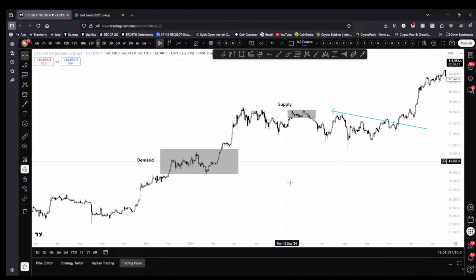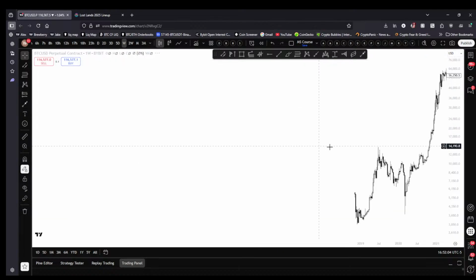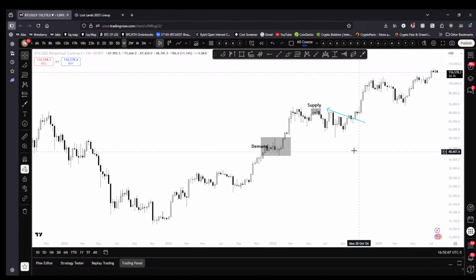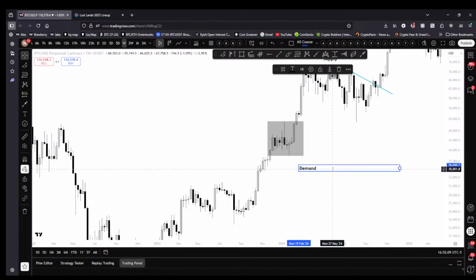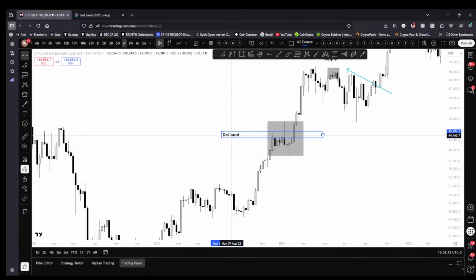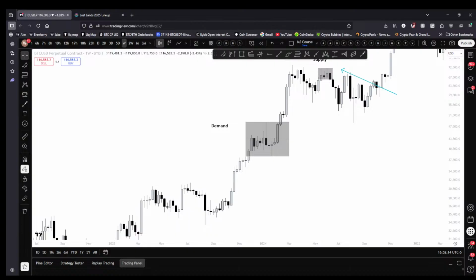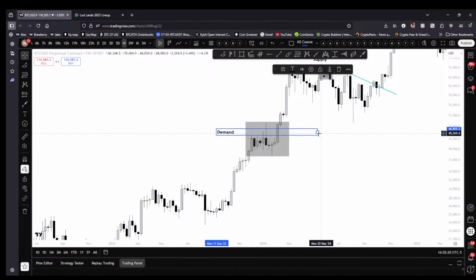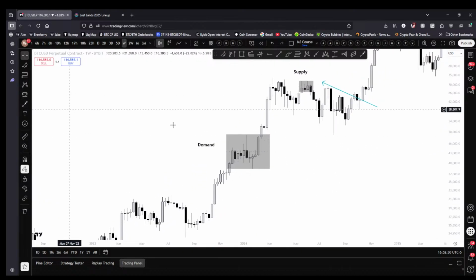Now, why do we care about that when it comes to market structure? So, if we're looking at our weekly here, if we understand that there's a lot of demand in this range, that means there's a lot of resting orders from people who didn't get filled in this range, and there's a lot of institutional interest in this range because they know that when the price was in this range before, it resulted in a major weekly impulse to the upside.